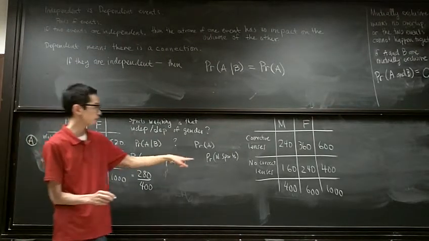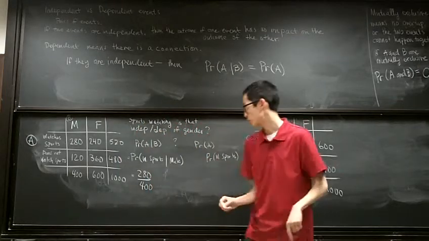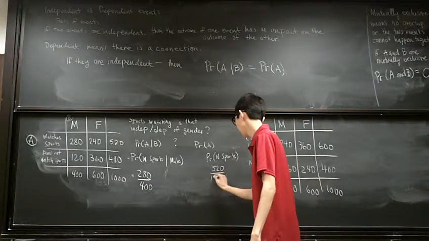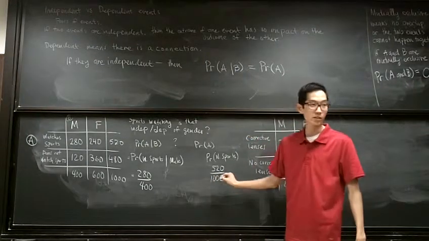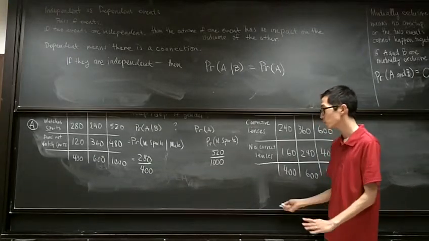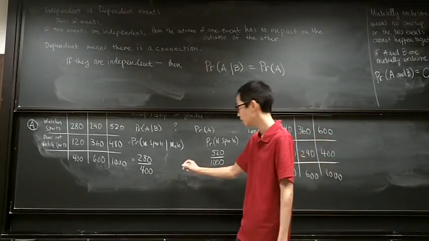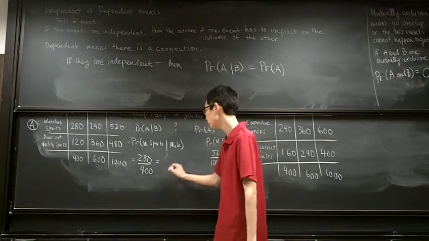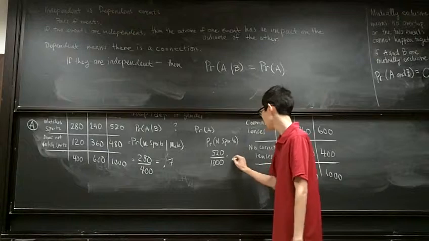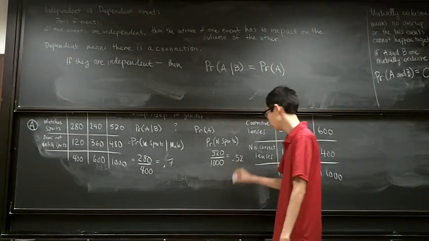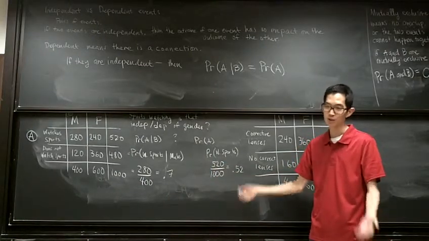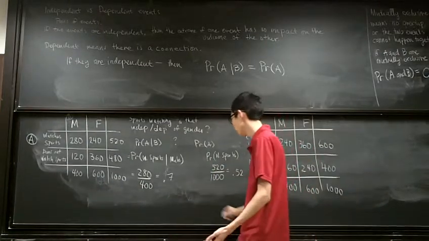What is the probability of watches sports? 520 over 1,000. So the question is, are these two equal? Well, this is where you have to pull out your calculator. What's 280 over 400? 0.7. What's this? 0.52. So is 0.7 and 0.52 the same number? No. Okay, so these are not the same.